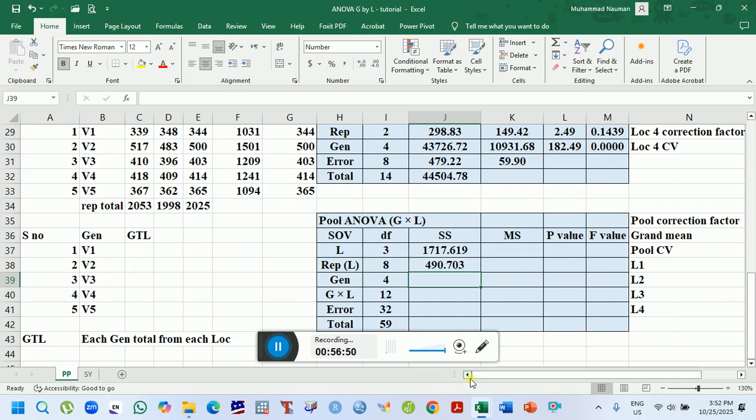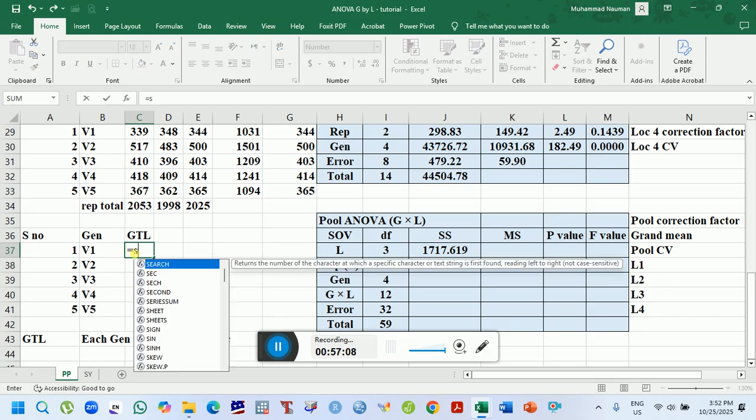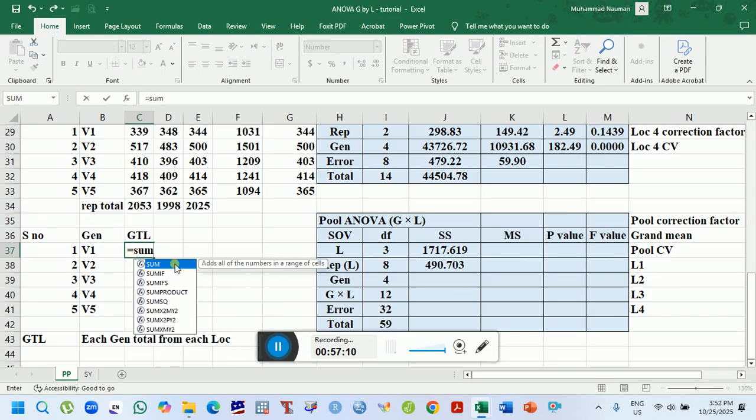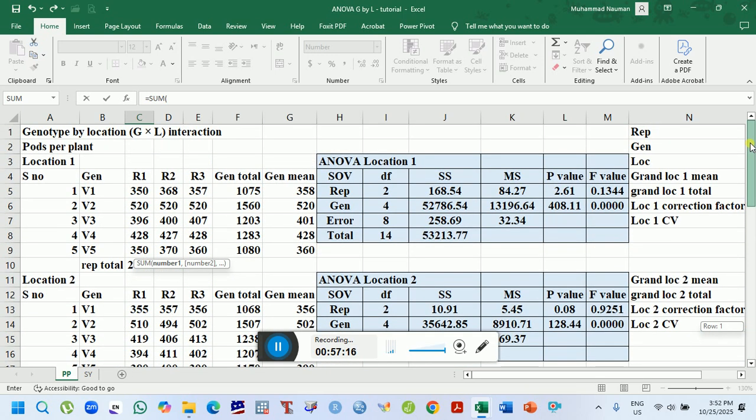First we will calculate each variety, each genotype total from each location. Here, is equal to sum, go to variety 1 total.